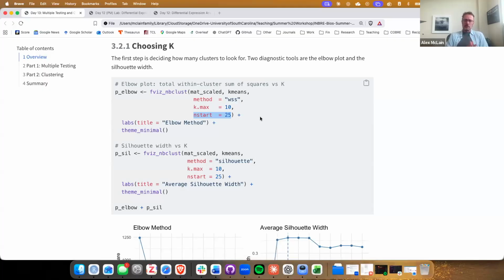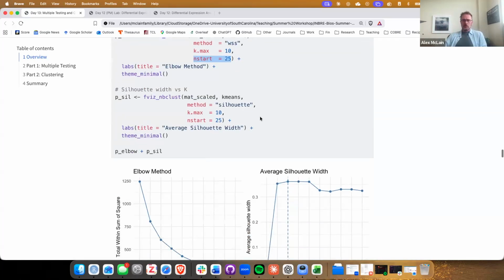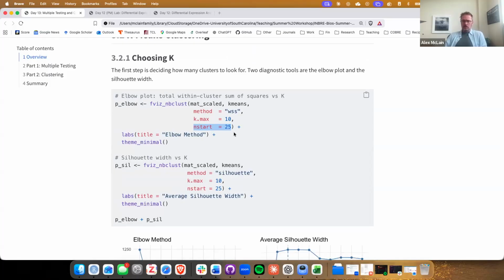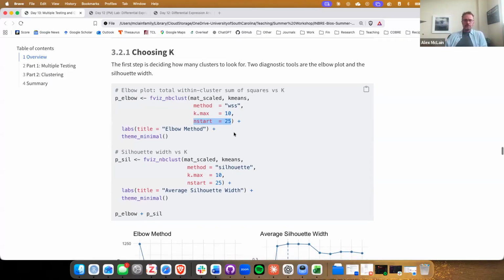We do that because k-means has that randomness to it. So we start using random values. So if we just do it once, we don't know, maybe the second time we would get very different answers. So here we do it 25 times, and this function is going to average over those 25 results.